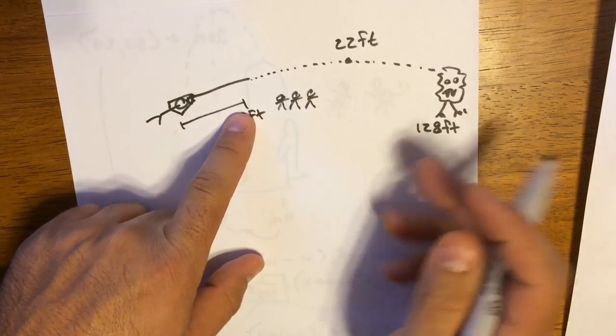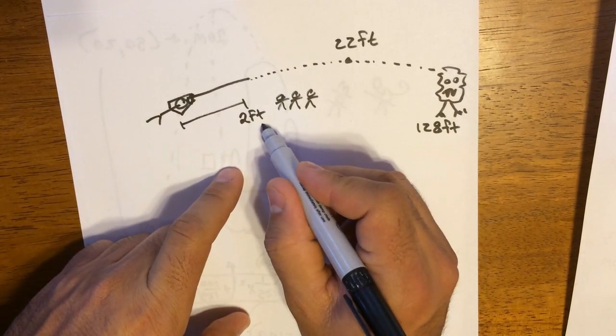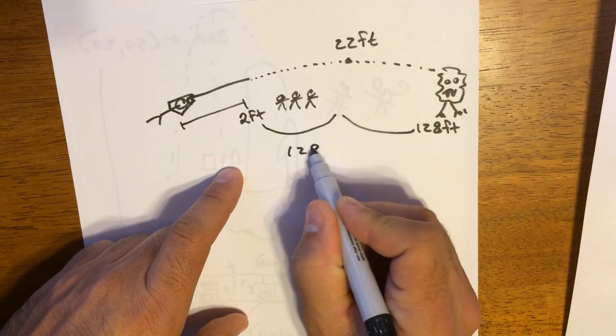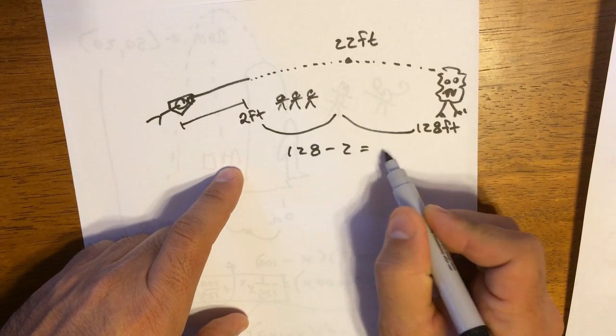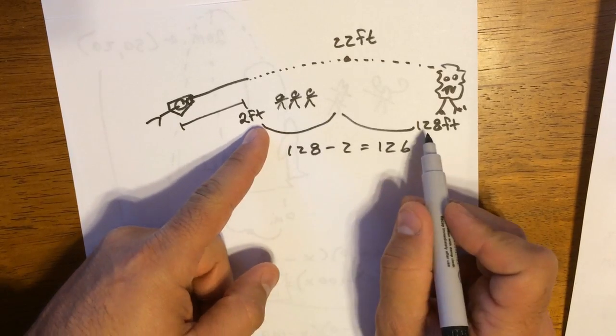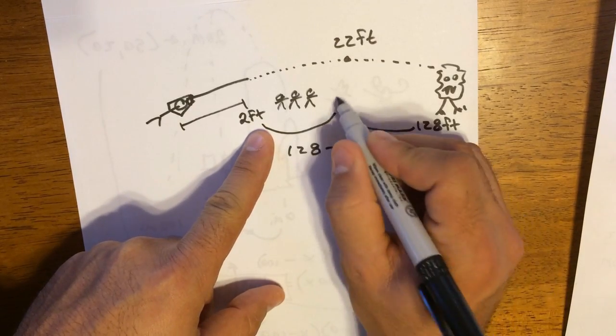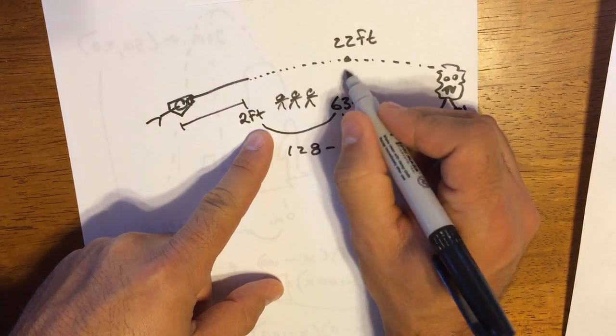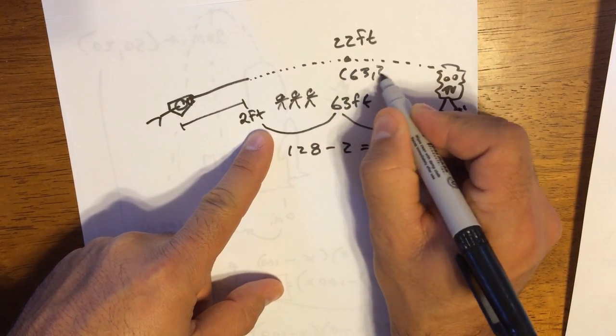Now again, the starting point to the ending point, the vertex is going to be halfway between there. So I'm going to look at this. 128 minus 2 gives me 126. That means the whole distance here is 126 feet. Halfway there is going to be 63. So as a point, this would be 63, 22.